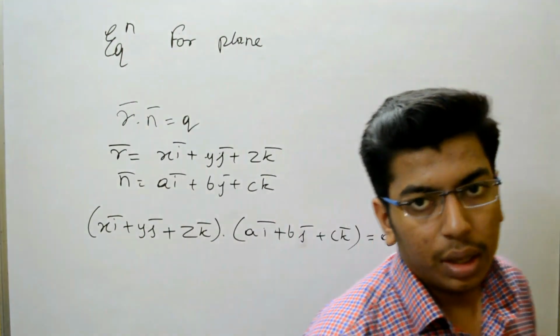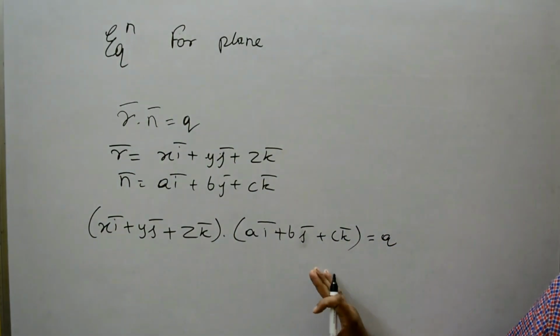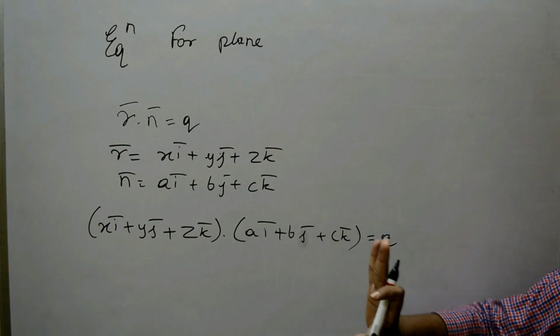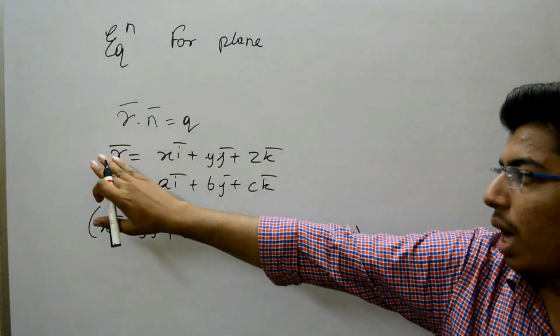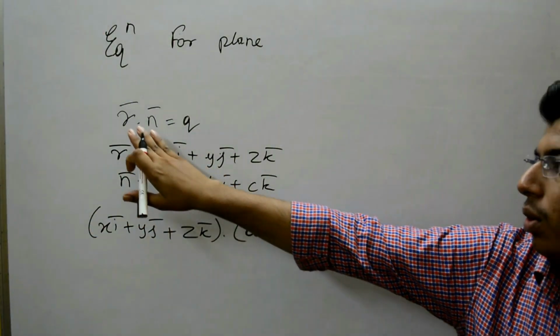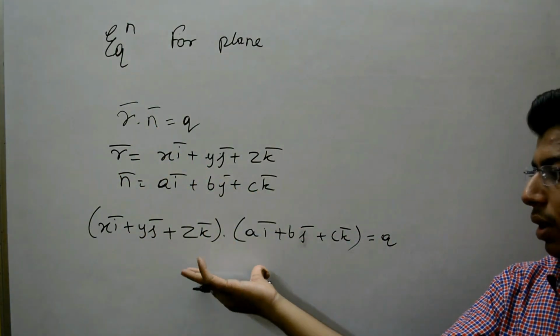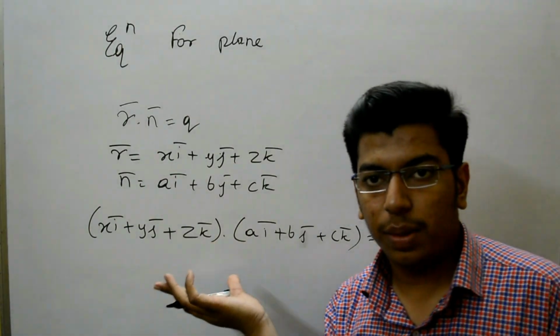Okay, up to here, any problem? It is quite simple. We just substituted r is equal to this value and n is equal to this value, so our equation becomes like this.